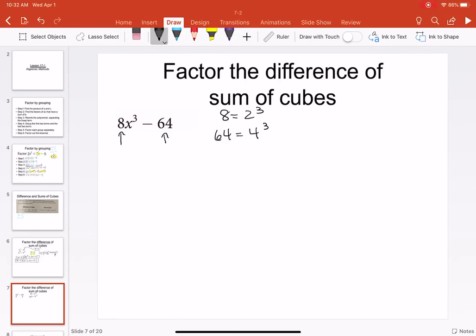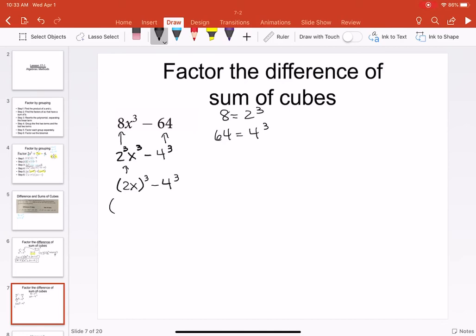So I'm going to rewrite this as 2 cubed x cubed minus 4 cubed. Then I can rewrite this as just 2x cubed. They're both cubed.